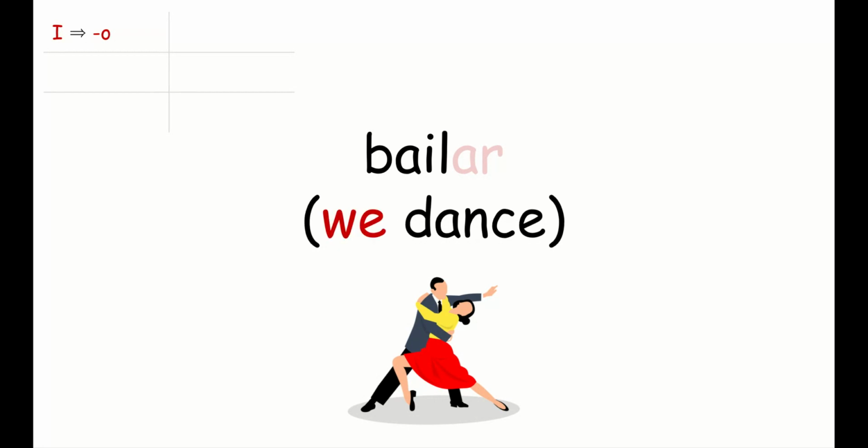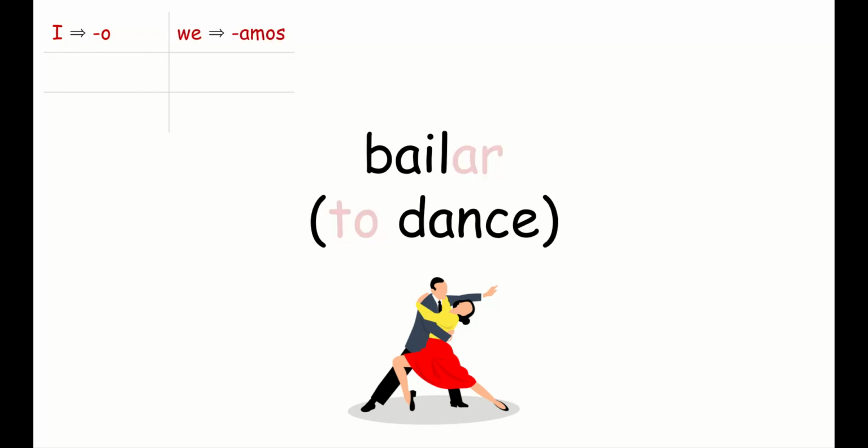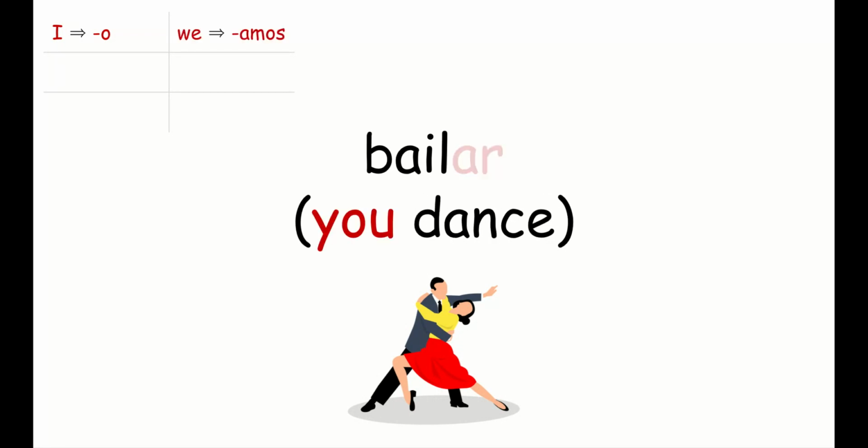So if we want to say we dance, there's a different ending that we'll use and we'll put on the end of bailar. So we'll take off AR and we'll add amos. So bailamos means we dance. If we want to say you dance, we are going to use the ending as. Bailas means you dance.